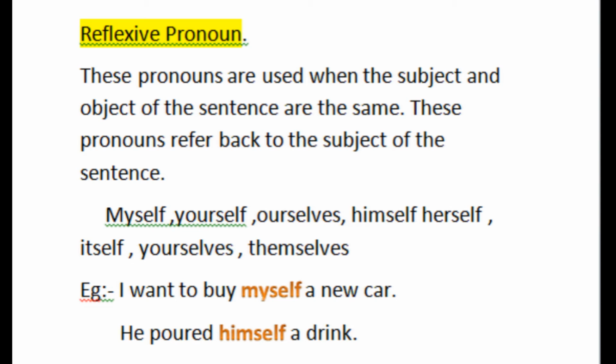For example, I want to buy myself a new car. Here, myself is a reflexive pronoun. In the second example, he poured himself a drink. Here, himself is a reflexive pronoun.